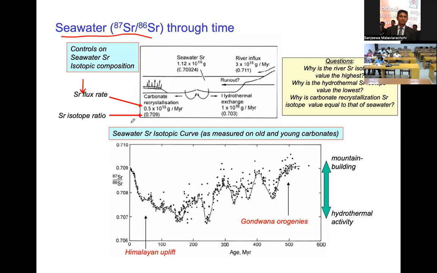And also the initial strontium ratio existing in the seawater. Whatever the initial ratio at the time of that seawater formation will affect whether it evolves to a high value or not that high.